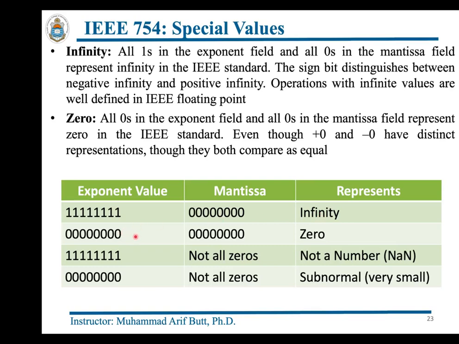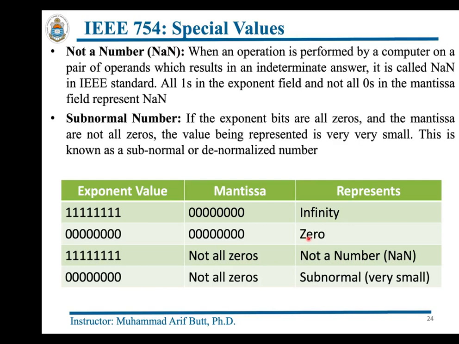Similarly, all zeros in the exponent field and all zeros in the mantissa field represent a 0 in the IEEE standard, even though we have a plus 0 and a minus 0 having distinct representations, though they both compare as equal. Dear students, when an operation performed by a computer on a pair of operands results in an indeterminate answer, it is called NaN, not a number, in the IEEE standard.